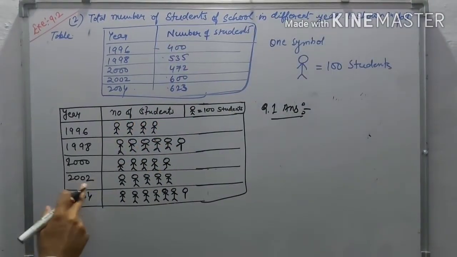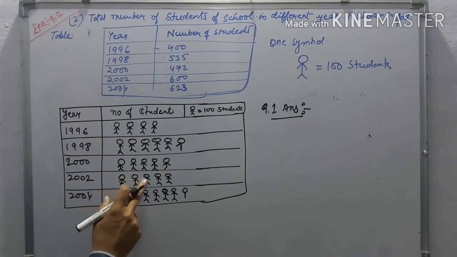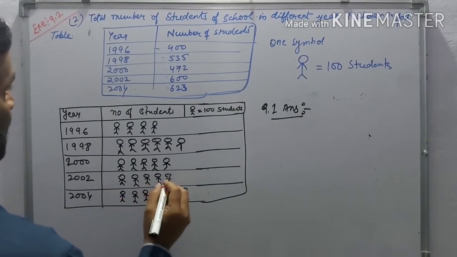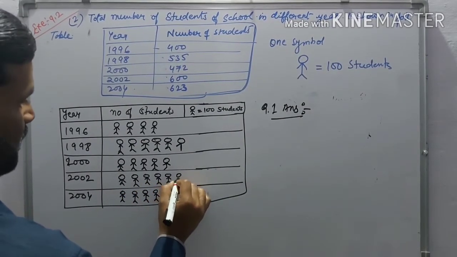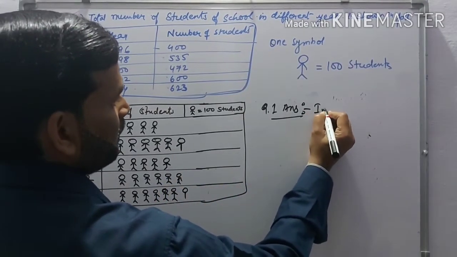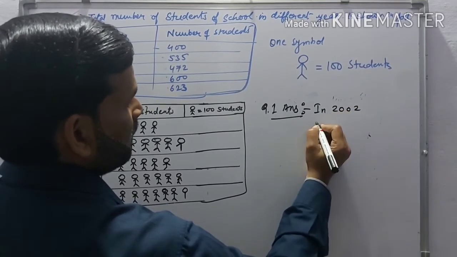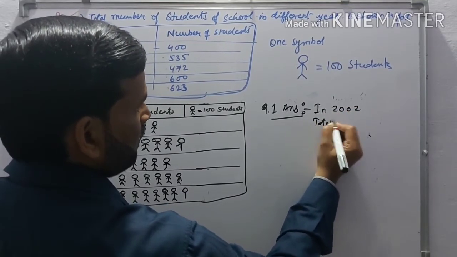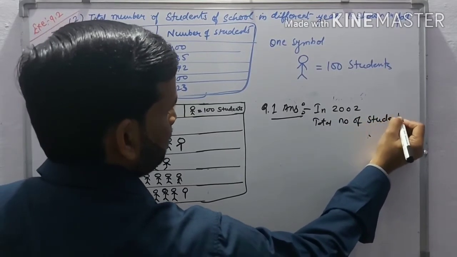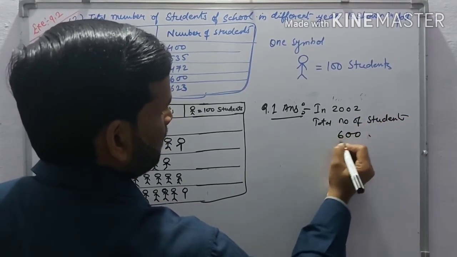So 2002 is number of students 1, 2, 3, 4, 5, 6. In 2002 the total number of students is 600.